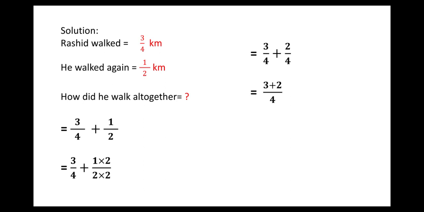So now we add the numerators only, 3 plus 2. We get 5 upon 4. Now the numerator is greater than the denominator, so we divide it, and after the division we get 1 whole 1 upon 4 kilometer. So this is the answer.